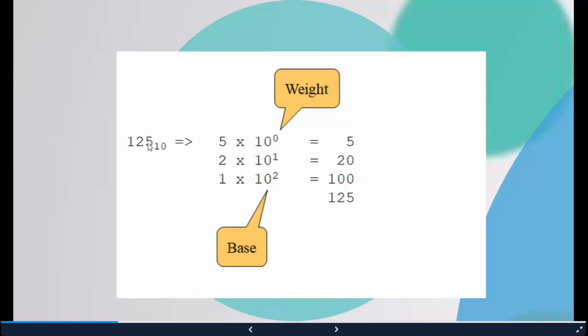Because it's on the right side, it's an LSD, or least significant digit, up to the most significant digit, which is 1. So as you go from 5 to 1, you also have the exponents, times 10 to the power of 0, 1, 2. So equals 5, equals 20, equals 100, and then when you add that, you have 125. So this is in decimal.